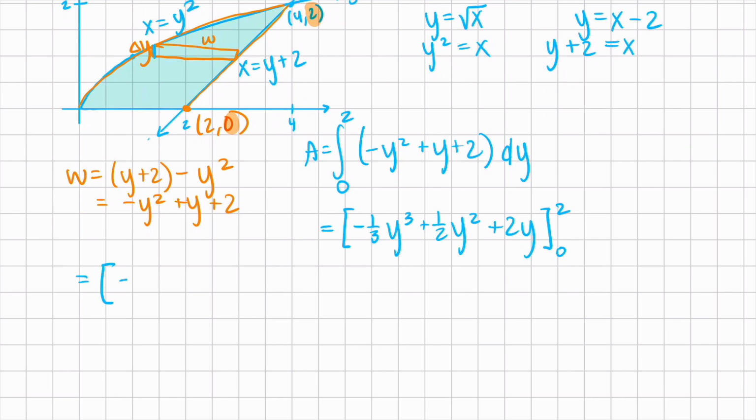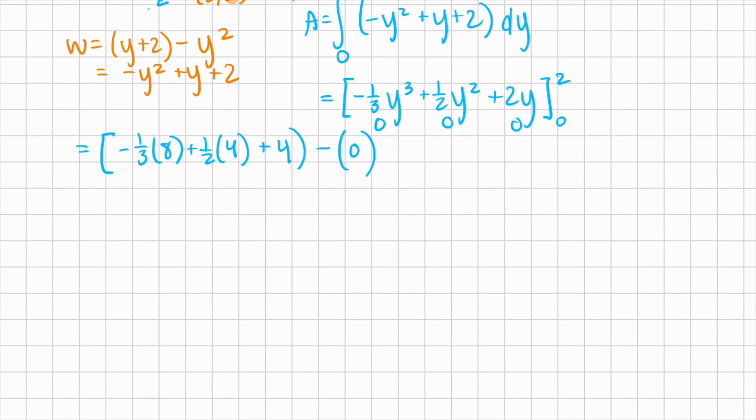Plug in: 2 cubed is 8, plus 1/2 times 2 squared, which is 4, plus 2 times 2 is 4, minus, notice when you plug in 0, all of these terms are going to equal 0, so I just have minus 0.